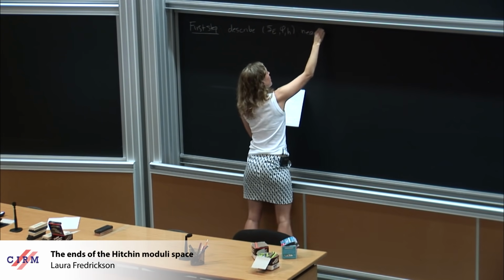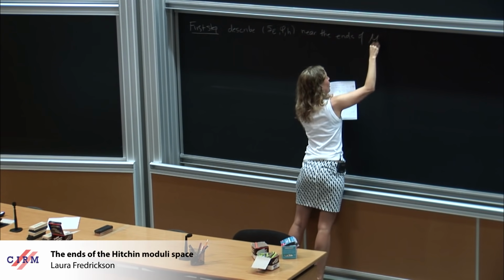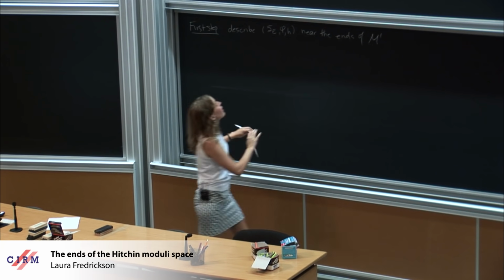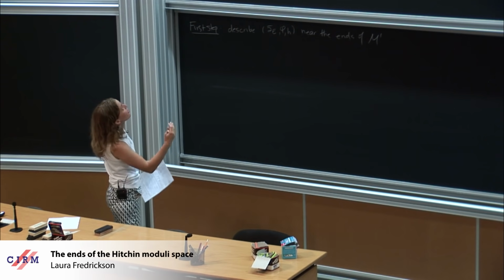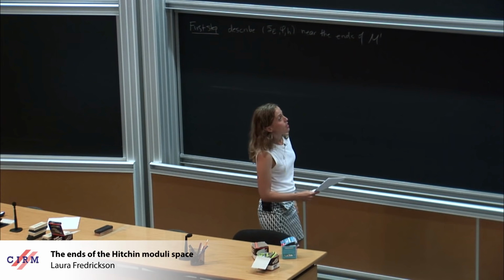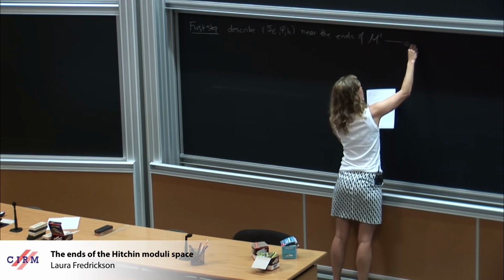Near the ends. We're going to restrict ourselves to the regular locus in this talk for the first half, and then in the second half, I'll talk about what changes when you go to the singular locus, and this is any rank.